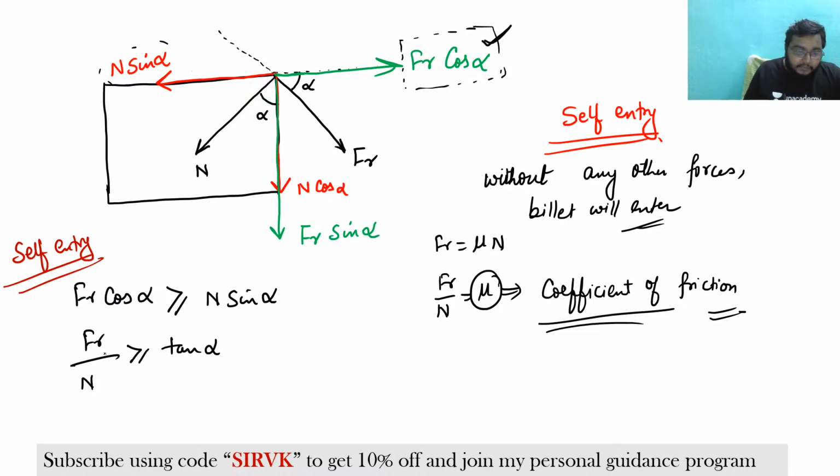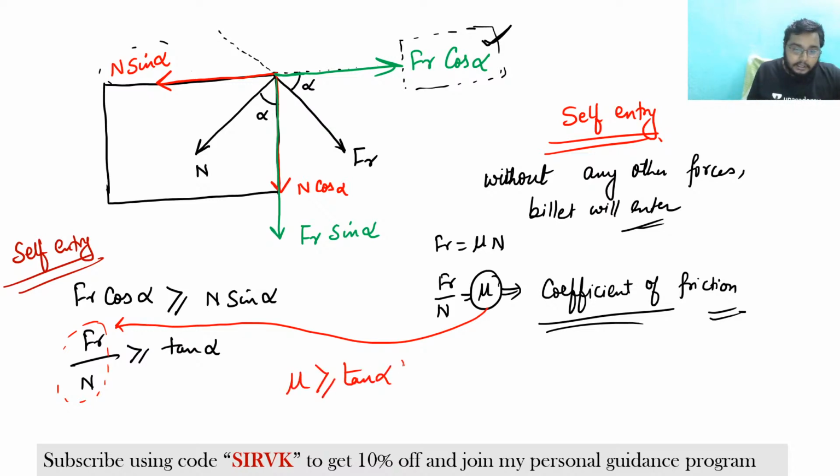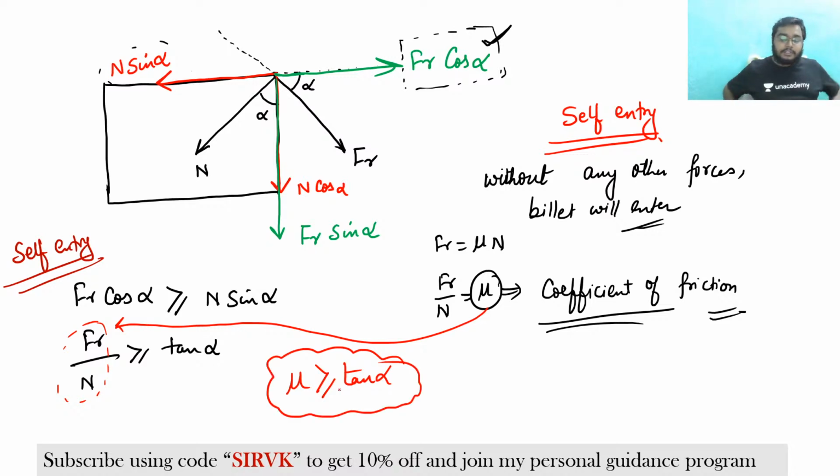So I can write from here, substitute this. This is the mu. Substitute it here. Now what will you be getting? You will be getting mu is greater than or equal to tan alpha. Now understand, this is the condition that we have got, that the coefficient of friction should be greater than or equal to tan of alpha.